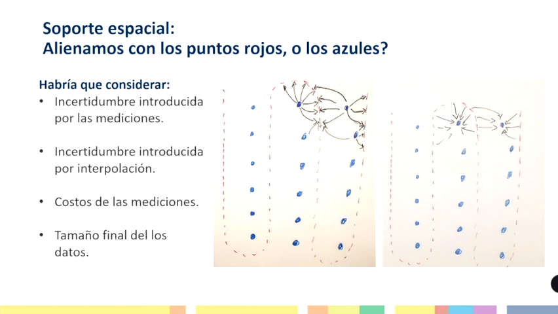this is going to be based on the function of the distance and the number of observations. So if I'm at this red point, I would like to know information about the soil. Probably most of the information is going to come from these two neighbors that are very close.